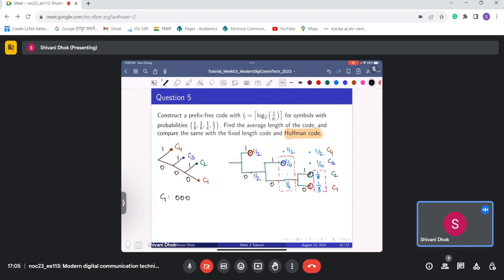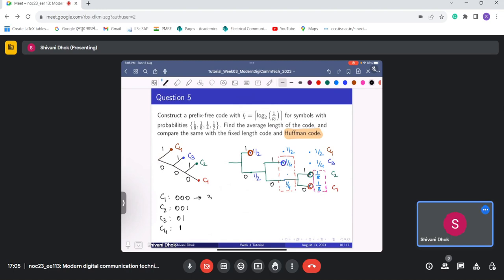So this C2 has 0 0 1. Now let us look at C3. It is 0 1. Same thing we have here. So this is C3, which is 0 1. And what is your C4? It is simply 1. Same thing. That is, C4 is simply 1.